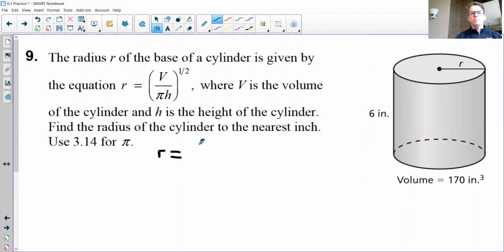I'm just going to rewrite this formula that was given to us. Radius is equal to volume divided by pi times h, the height of the cylinder, and that's raised to the 1/2 power. Over here we were given the height of the cylinder as 6. We have the volume as 170 cubic inches, and we're going to substitute 3.14 for pi.